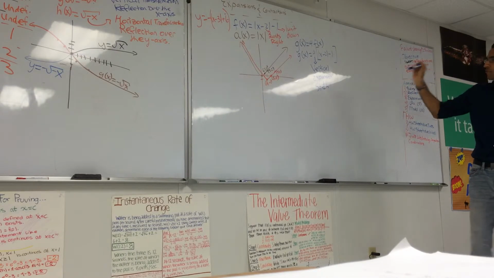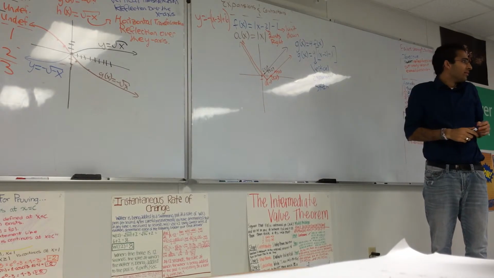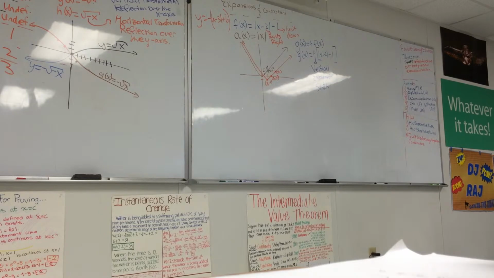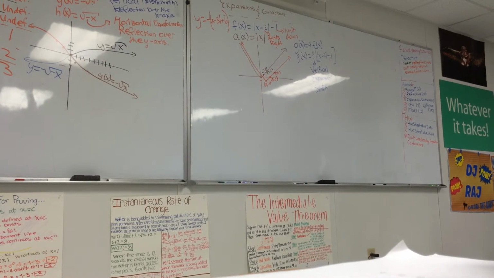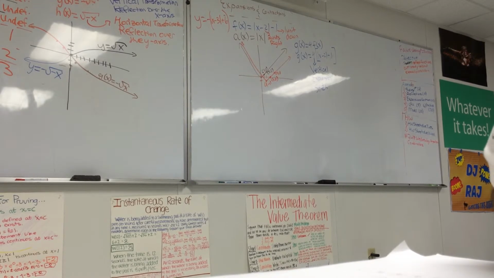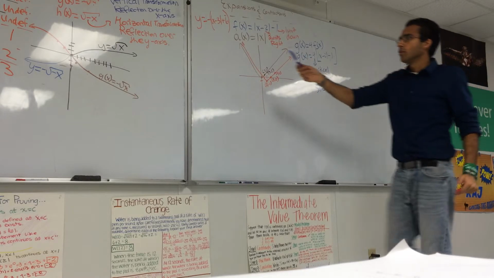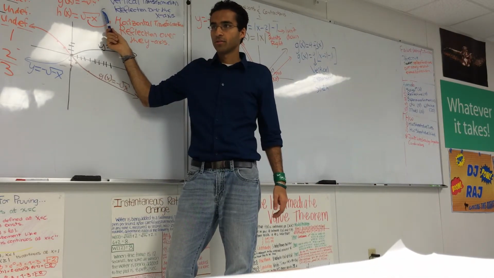So let's do this. Is it a vertical expansion or stretch? If it is a vertical anything, does it affect y or x? Vertical transformations affect the y coordinate or the x coordinate? What happened here? Did this vertical transformation affect y or x?